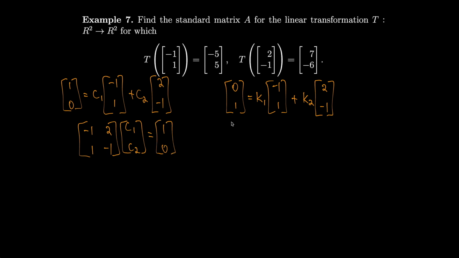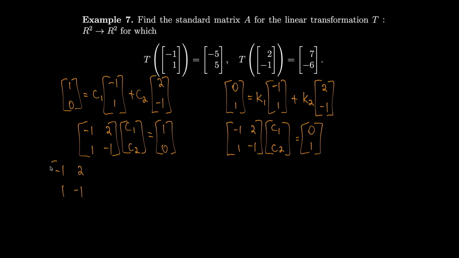And similarly over here, the same matrix times k1, k2 has to equal 0, 1. Now I need to figure out what these constants are, so let's write the matrix minus 1, 2, 1, minus 1 and put 1, 0 and 0, 1 next to it, because I can solve for both at once since both of these matrices are the same.